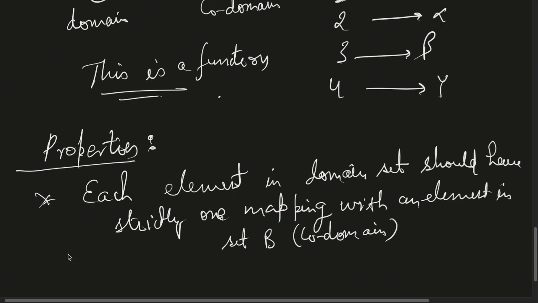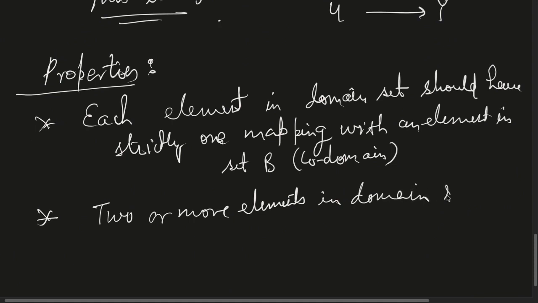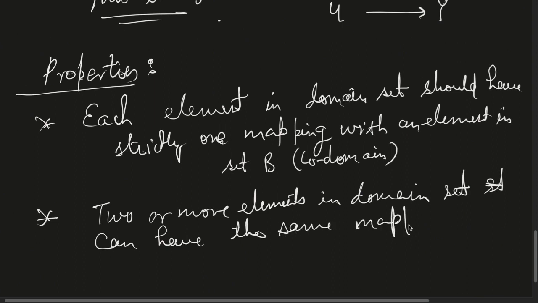This is one property. The second property is we can say that two or more elements in the domain set can have the same image or same mapping in set B, that is the codomain set.